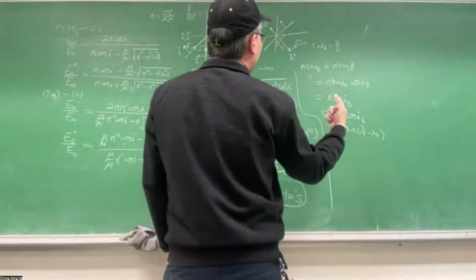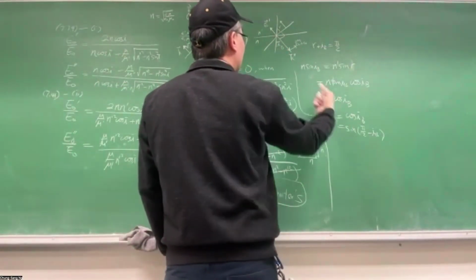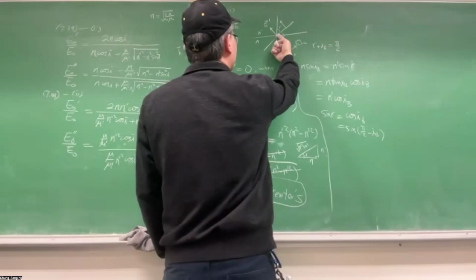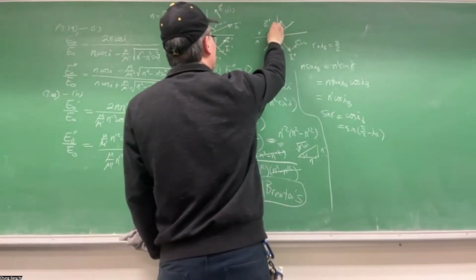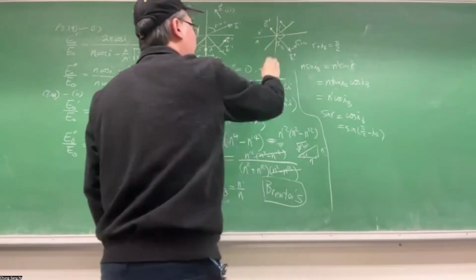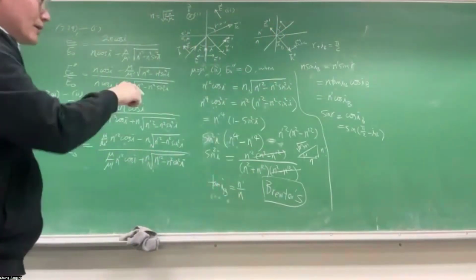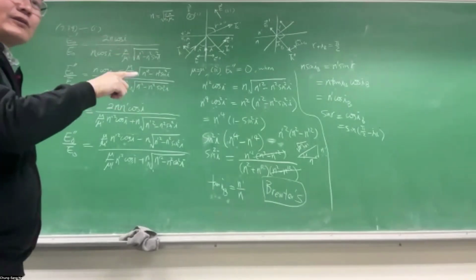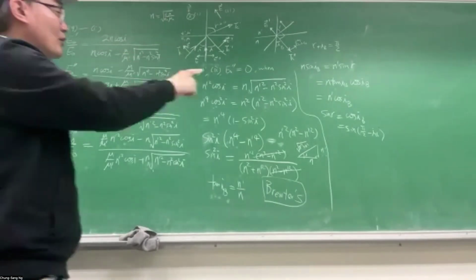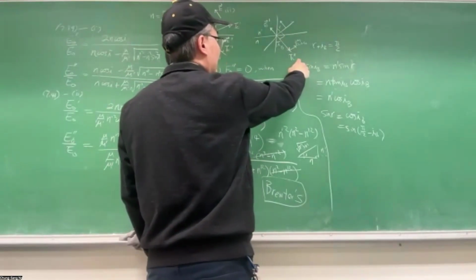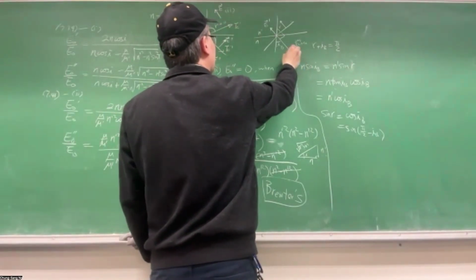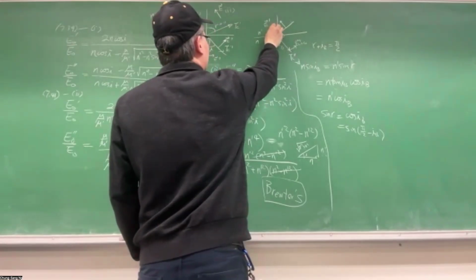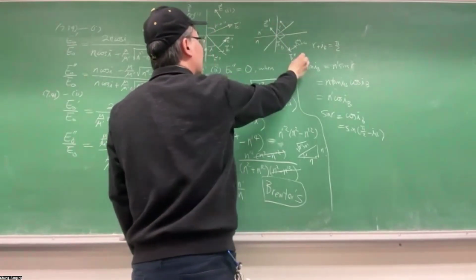So you're looking exactly along the direction of E double prime. If you look at the refracted wave from this angle, the electric field is on this line.